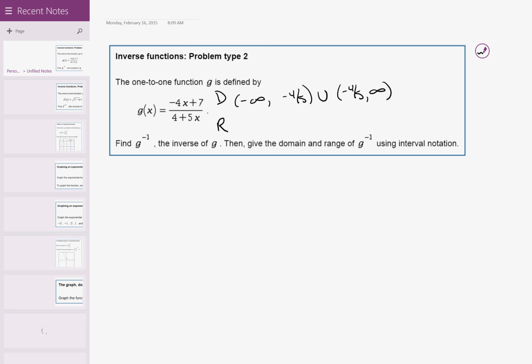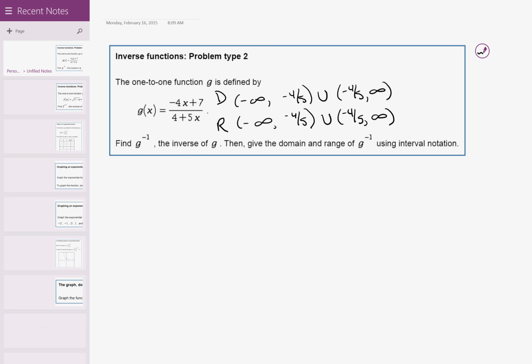For the range of g, I know that I'm never going to hit this asymptote. So I have also negative infinity to negative 4/5 union negative 4/5 to infinity. That's interesting.